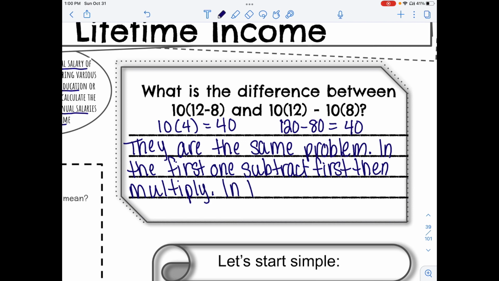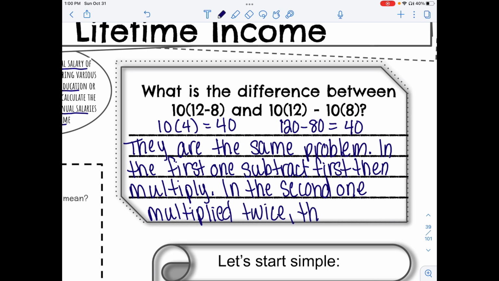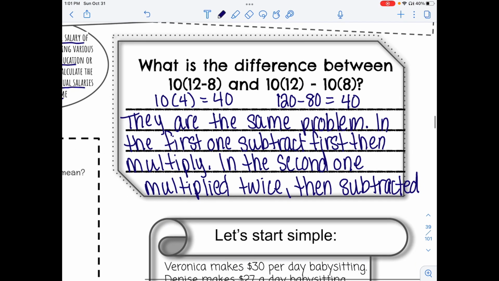In the second one, multiply twice, then subtract. So as you're looking at these, which one was faster?